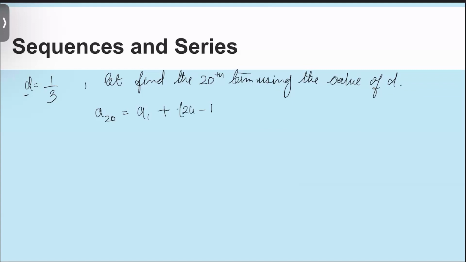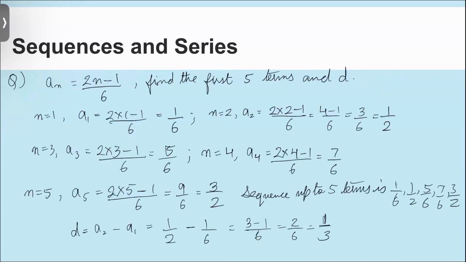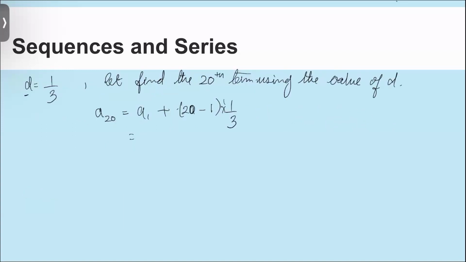So you have 20 minus 1, multiplied by d, which is 1 by 3. Okay, so this will give you, a1 we had got as 1 by 6. So 1 by 6 plus 19 by 3. Okay, so you can get this as 1 plus 19 multiplied by 2. So that's 38 by 6. So this is 39 by 6.